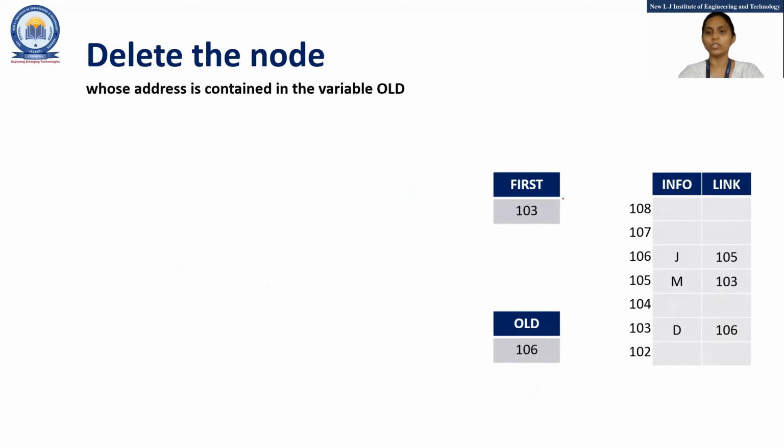Here the last node is M, at location 105. So M is pointing to what? 103. 103 is my first node. So it is nothing but a circular linked list. In a circular linked list, we maintain two pointers. The first pointer points to the first node, and one more pointer, last, points to whichever node is the last.